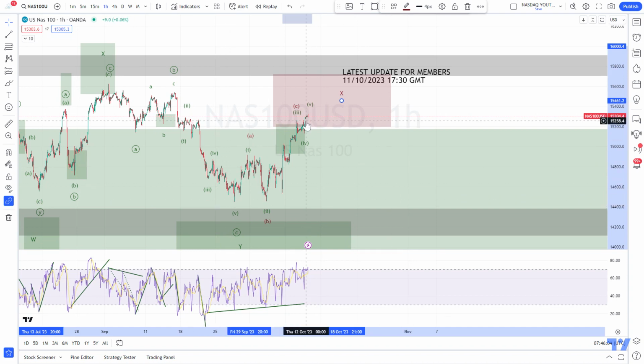And if we get an A, B, C right here, these are concerns for later. Once we have the structure, then we should analyze it again. But now I would think, when this move finishes and we come down, I believe this low here will hold in first instance.